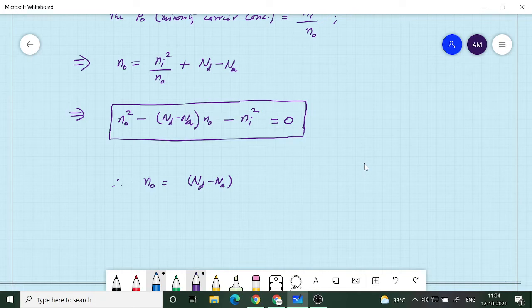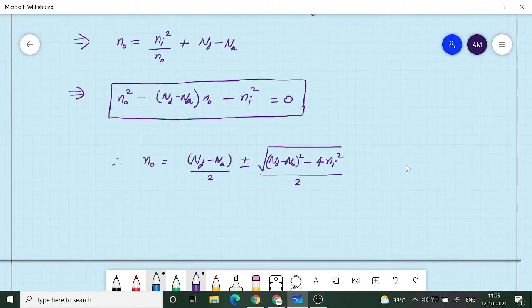Then we have two solutions, plus or minus, the square root of (Nd minus Na) whole square minus 4, where a is 1 and c is minus Ni squared, all divided by 2. So this is going to be our expression.